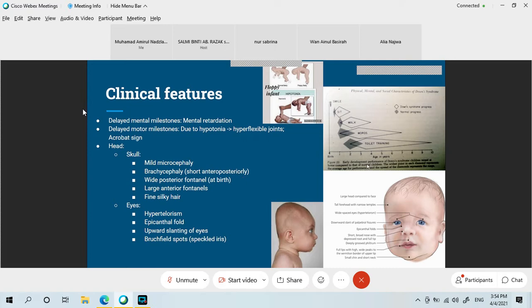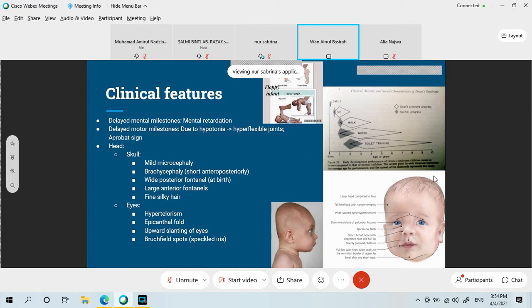And then we have delayed motor milestones due to hypotonia or hyperflexible joints, the acrobat sign. You can see in the picture, a normal baby is not floppy, but a patient with Down syndrome will look floppy like in the pictures.